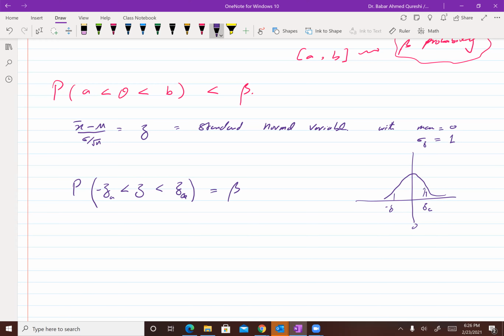So that means this area is beta. So this would be the same as 1 minus alpha, where alpha is the rest of the area.